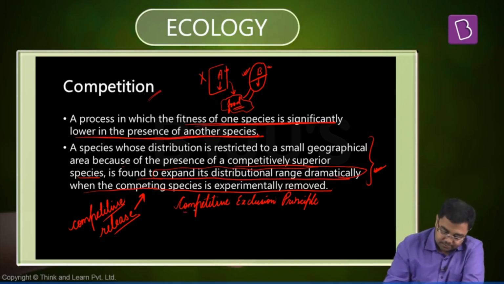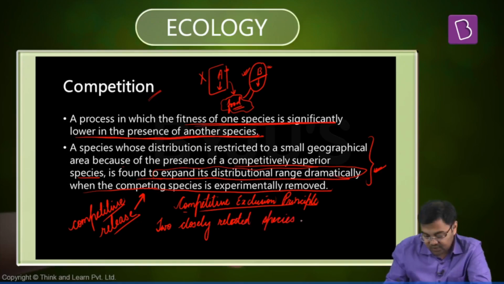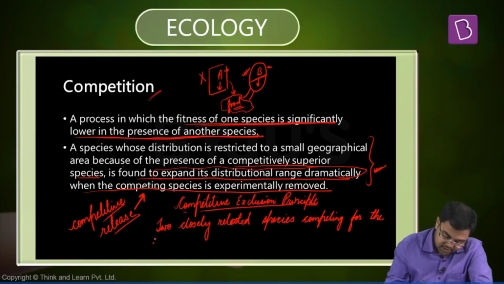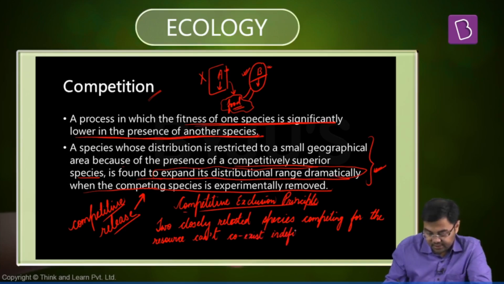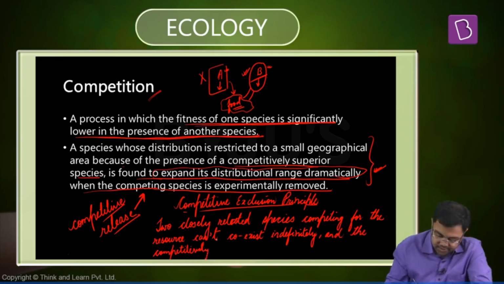So what it says is that two closely related species competing for the same resource can't coexist indefinitely, and the competitively inferior species will be eliminated.